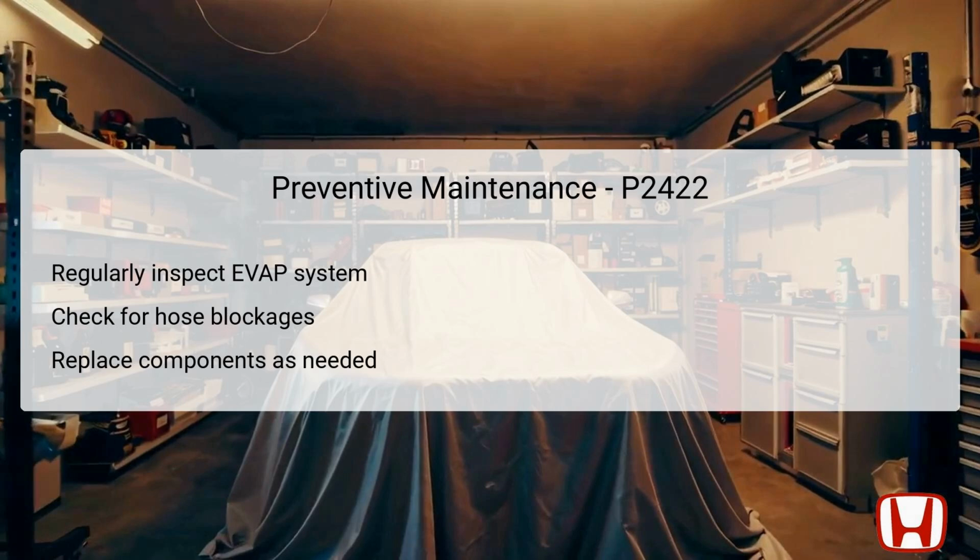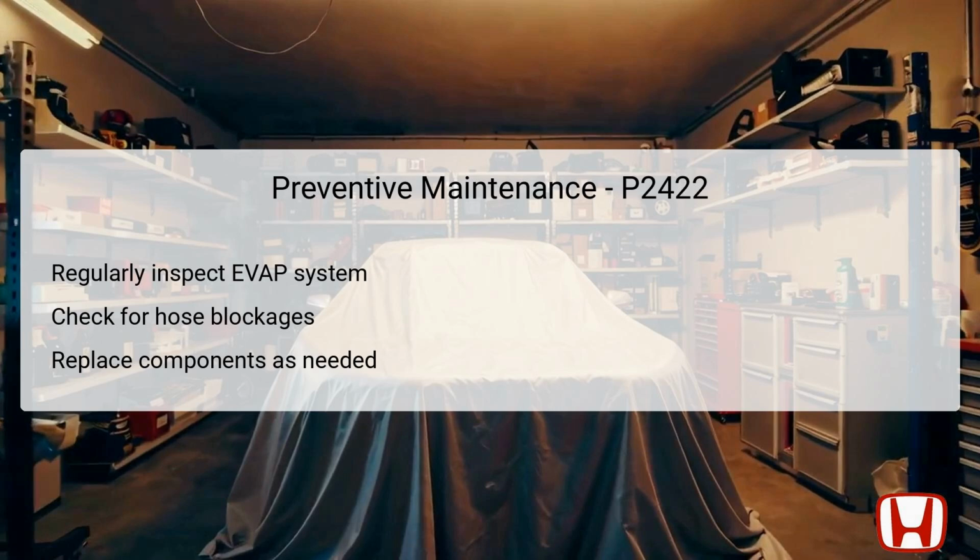Regular inspections of the entire EVAP system should be conducted to ensure that all components are functioning optimally. This includes checking for any blockages in hoses that may impede vapor flow and affect vehicle performance. Keeping an eye on the age of components ensures that those showing signs of wear get replaced timely.